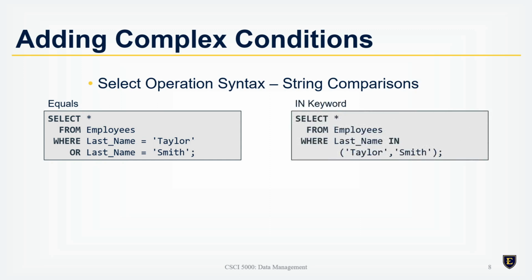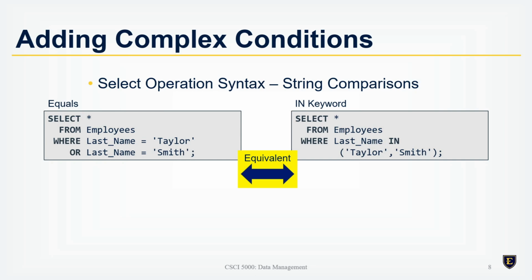Another thing you can do is simplify this, and this returns the same data. You can say last name in and then give it a list of names: Taylor, comma, Smith.